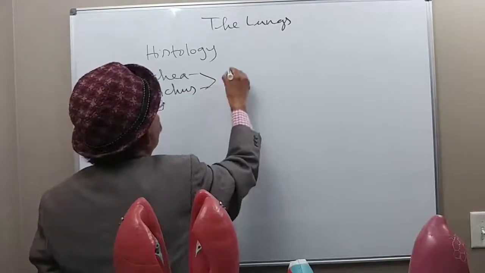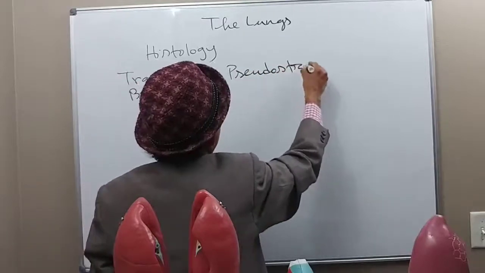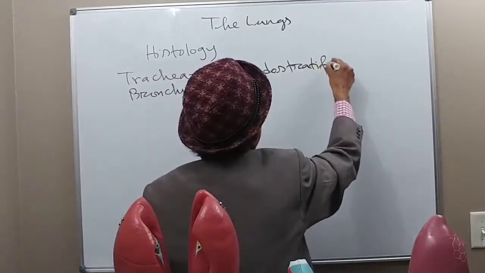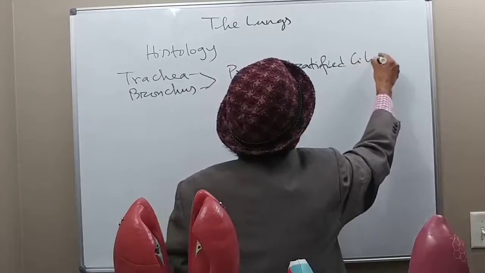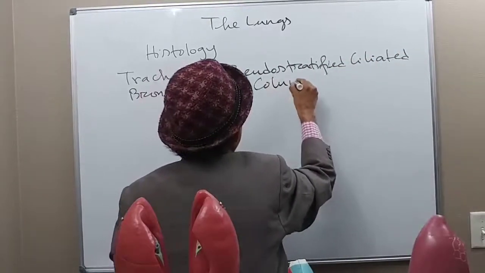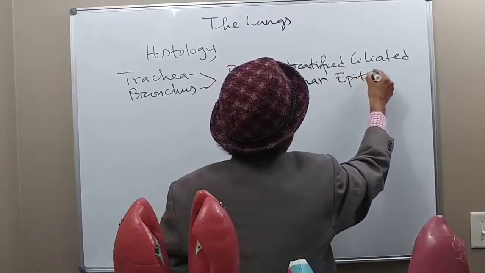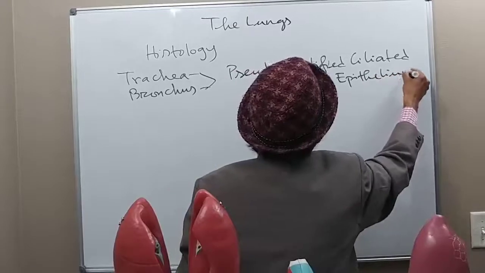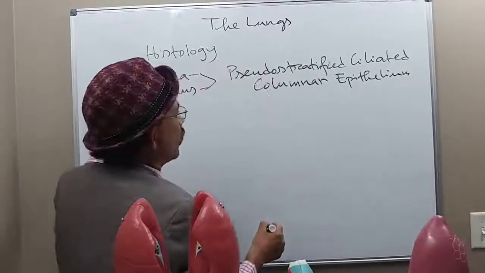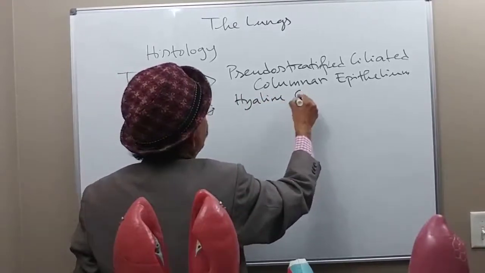Our epithelium is pseudo-stratified ciliated columnar epithelium, and they also contain cartilage, hyaline cartilage. Certainly we have hyaline cartilage.